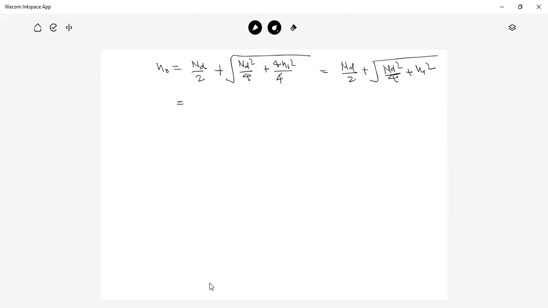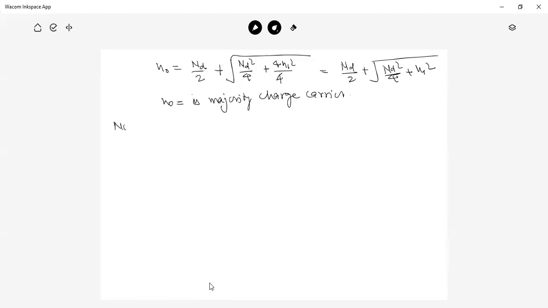So this is the majority charge carrier, that is n0 is the majority charge carrier.